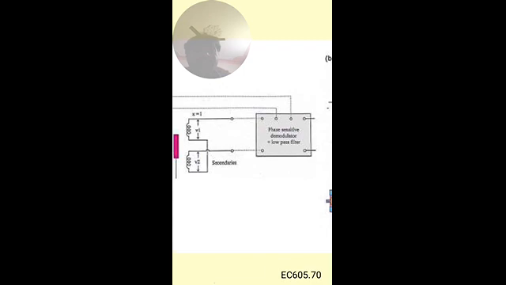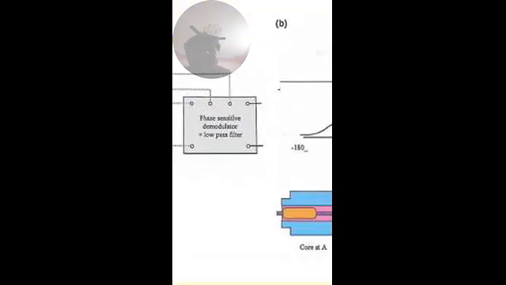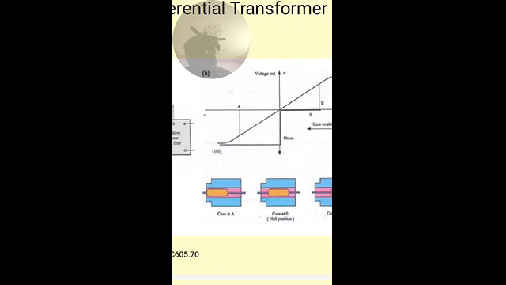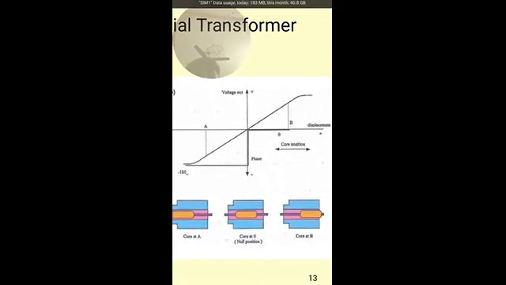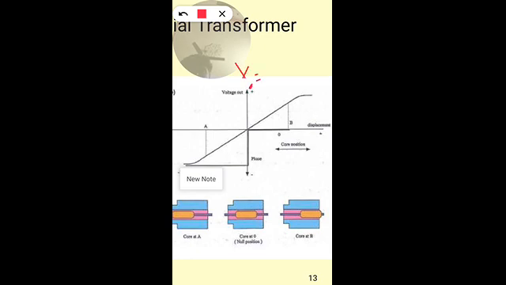See here, this is the output voltage waveform. V0 is Vs2 minus Vs1.